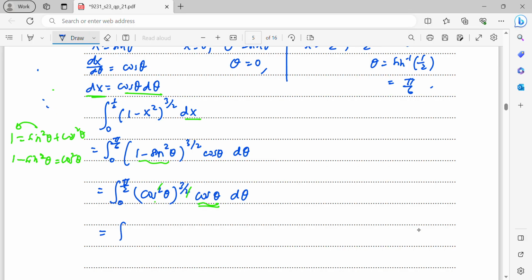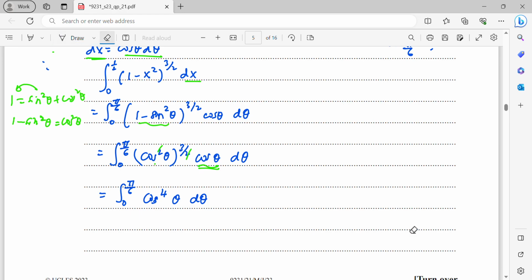So I'm integrating 0 to pi over 6, sorry, not pi over 2, pi over 6, cos degree 4 theta. So this is what I need to solve right now. Okay, so now to integrate cos degree 2 or degree 4, I have to refer to the double angle formula.